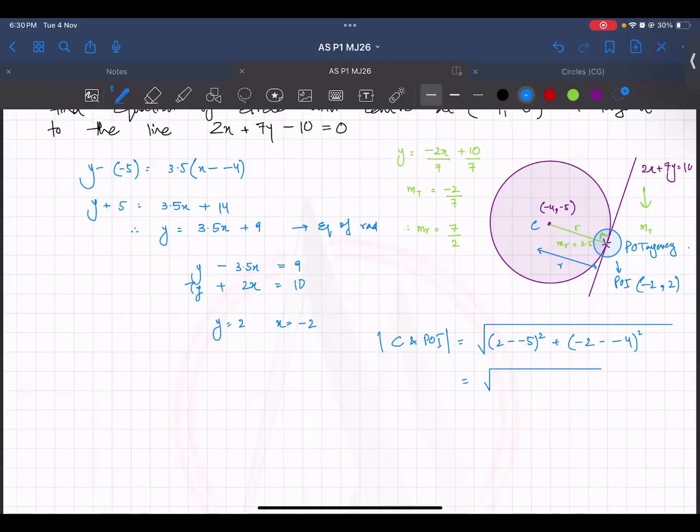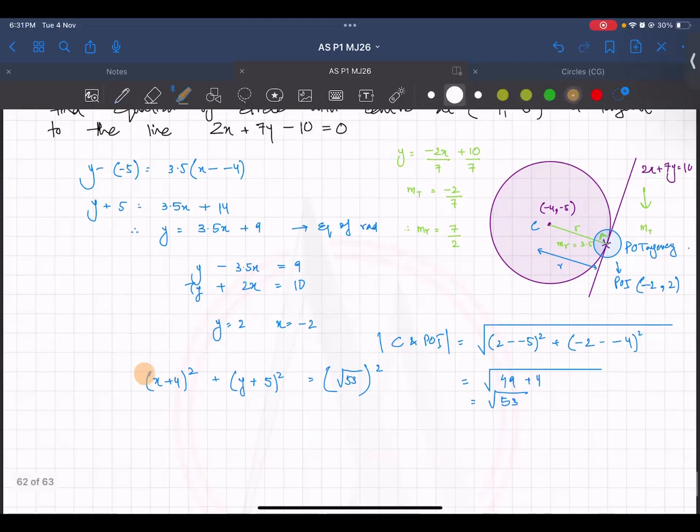So 7 square is 49 and plus 2 square is 4. So under root 53. So the equation of the circle becomes x plus 4 whole square plus y plus 5 whole square is equal to under root 53 square. This is the answer.